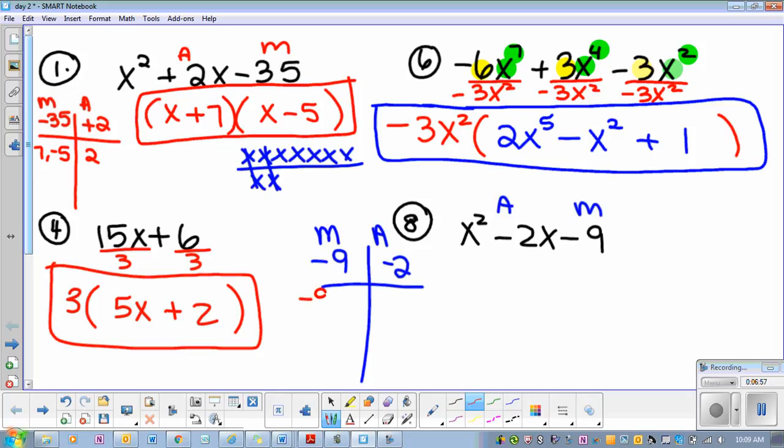Negative 9 and 1. Right. What else? Negative 3 and 3, right?